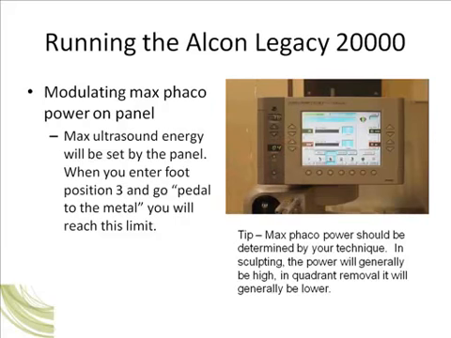I'll show you how. In any case, your phaco energy delivered will never go beyond the maximum ultrasound energy set on the panel when you're in foot position 3. So if the peak value is set at 35, when you depress the pedal all the way in foot position 3, you'll get a max ultrasound of 35.